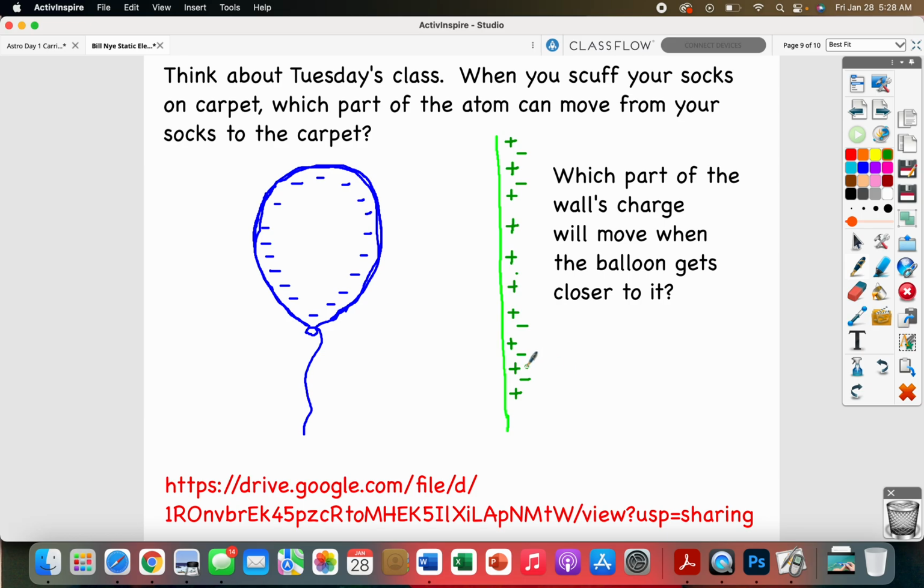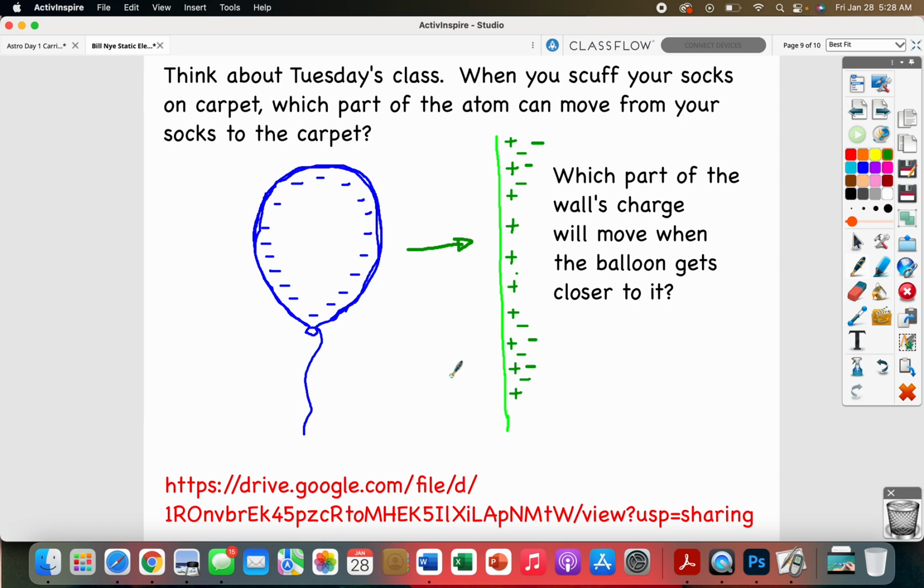Now, they would actually just move within the atom farther away. But if they move away from the balloon, we're left with a net positive area close to the balloon, and a net negative area far from the balloon. And that means that there's going to be an attraction.